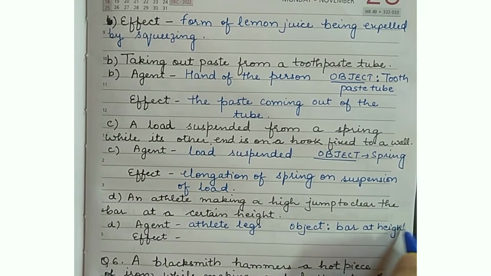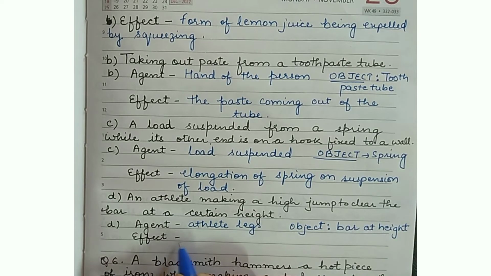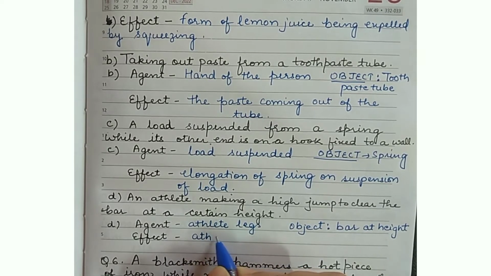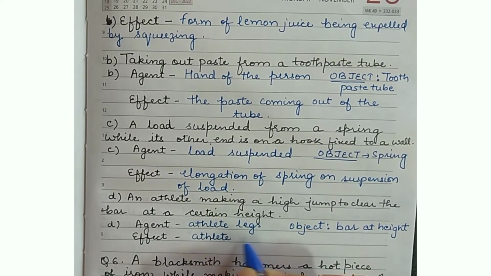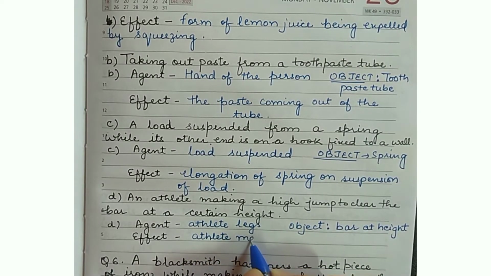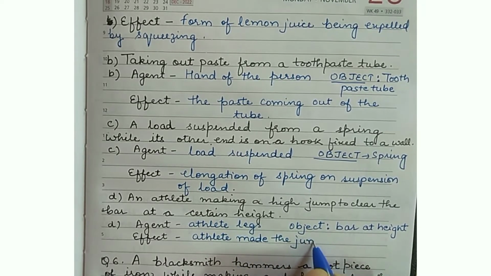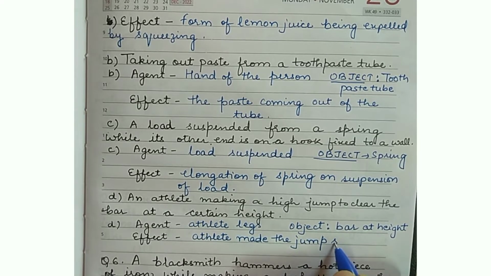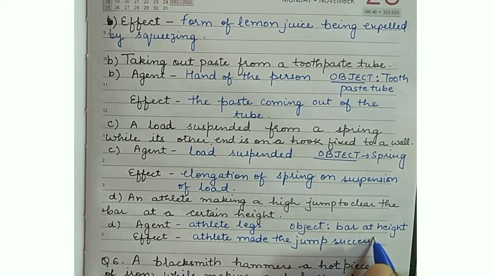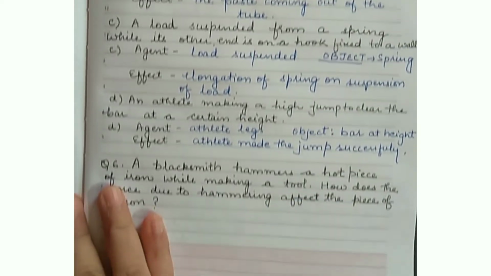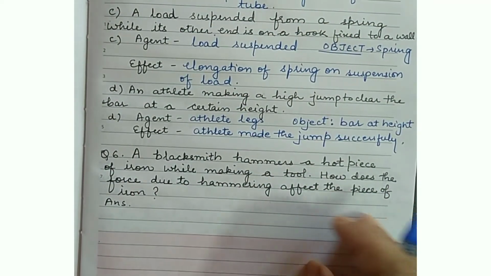Now, what would be the effect or the result of this? That ultimately the athlete is going to make a jump. Athlete jumps successfully. So, in this way, you can identify the agents, objects, or effect in a given statement.